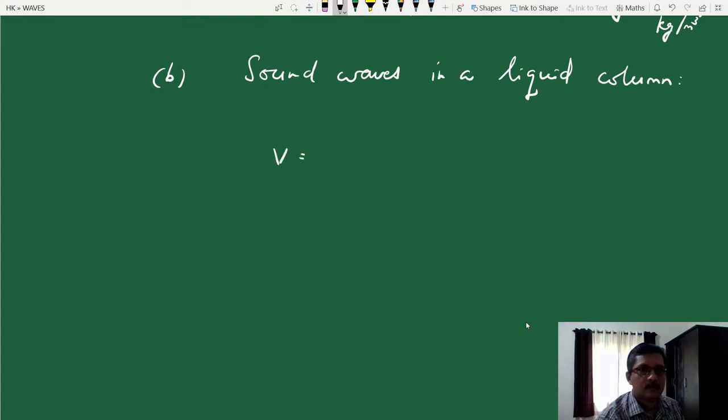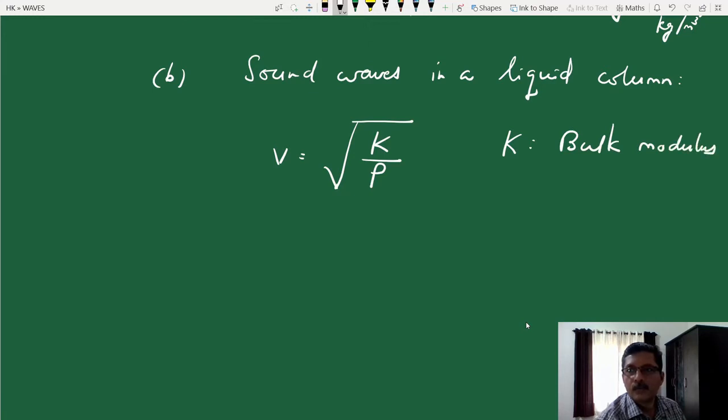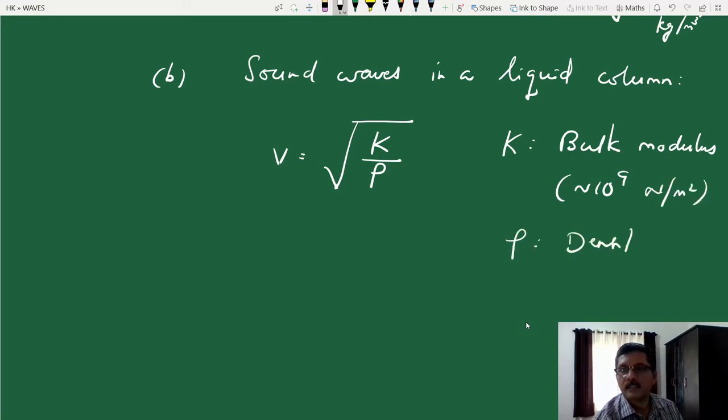Here the expression for the wave speed is the square root of bulk modulus by density. Bulk modulus of liquids is of the order of 10 raised to 9 Newton per meter square, and density of the liquids is of the order of 10 raised to 3 kilogram per meter cube.